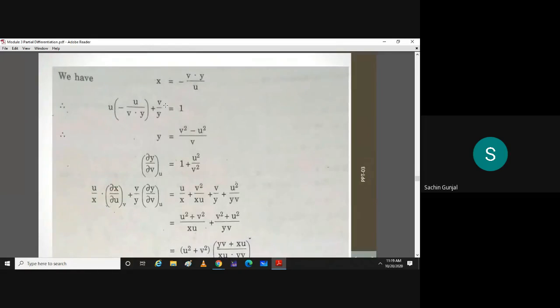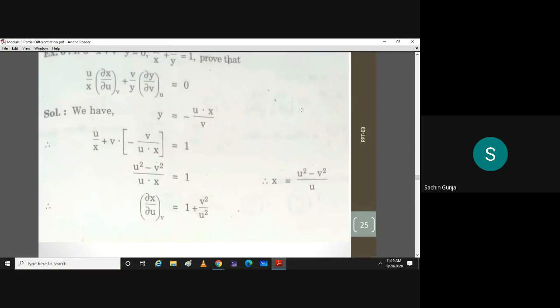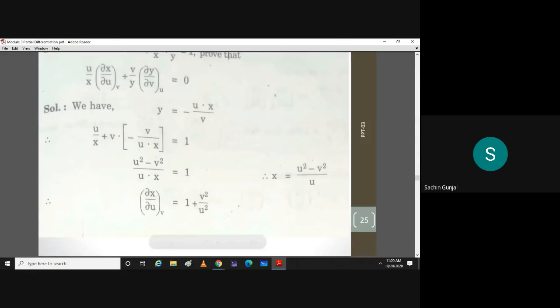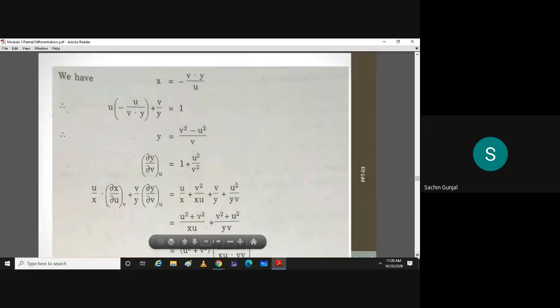So you substitute this value of x in the second expression, u into 1 by x, so that x will get eliminated. So u into minus of u upon vy plus v upon y equal to 1.